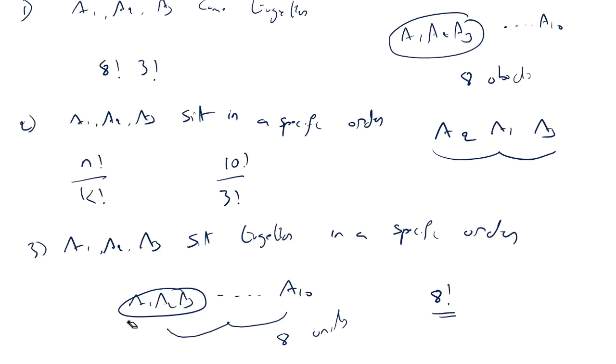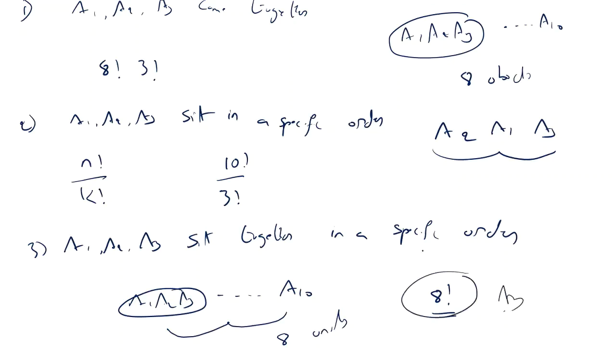So in this one unit consisting of A1, A2, A3, I can arrange A1, A2, A3 in only one specific order. If the specific order is like this, A2, A1, A3, then I can arrange them only in this order: A2, A1 and then A3. So I will not have this extra 3 factorial here. So the total number of ways of arranging is just 8 factorial. So this is our answer.